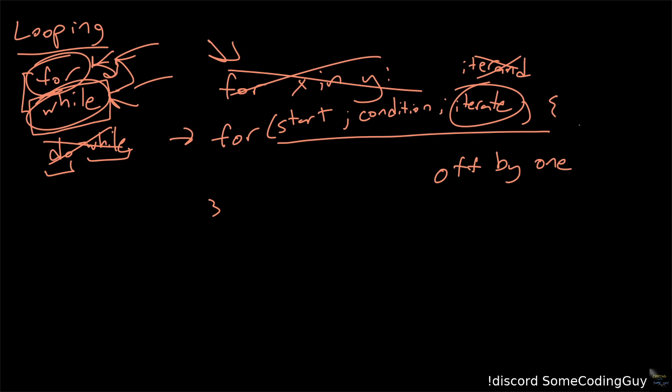Right. And that's something that I ran into quite a bit. We all do it. This is super easy to do because you're managing the iterand, you're managing the start, you're managing the condition. Do I want to be equal to or greater than? Is the plus happening before or after the loop? There's all these things that you might get wrong, and if you slip, you're 1 off.